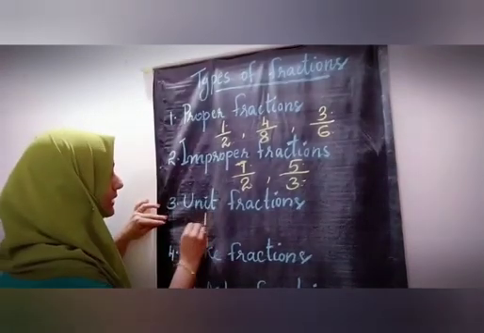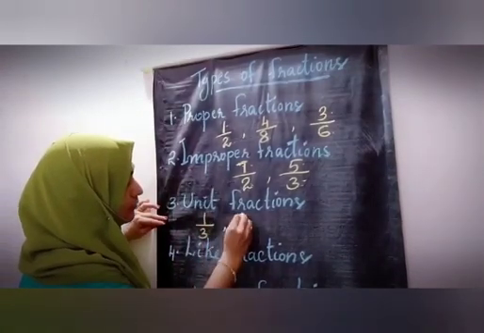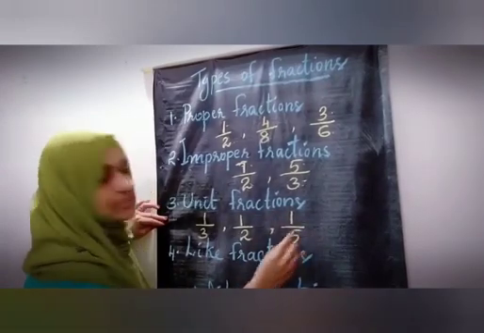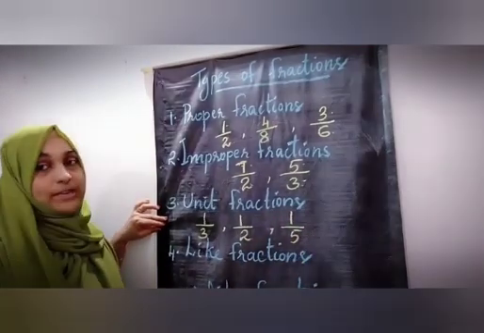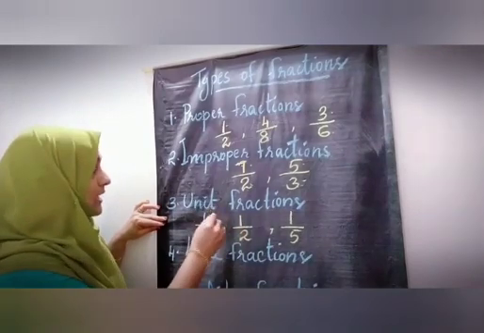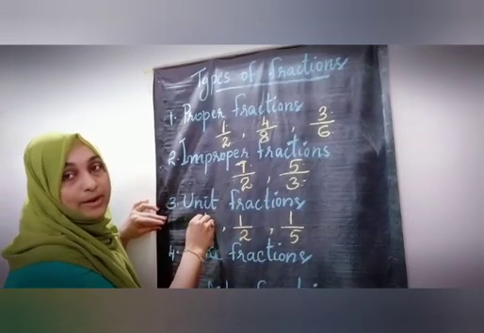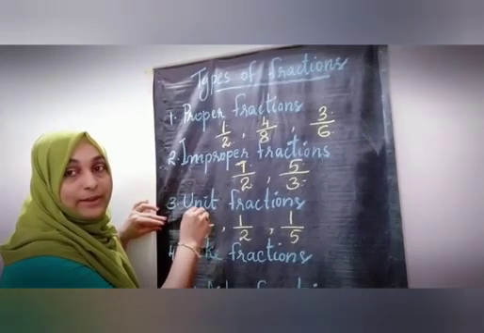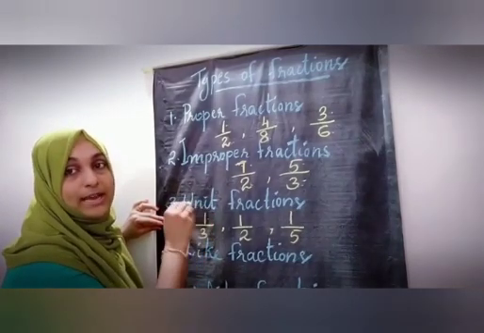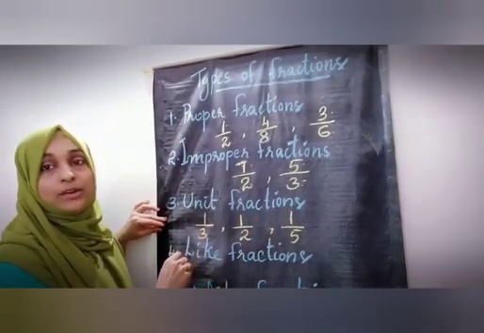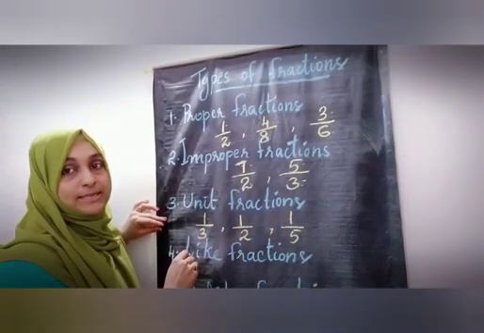Example, 1 by 3, 1 by 2, 1 by 5. These are the examples of unit fractions. In the unit fraction, the numerator is always 1.